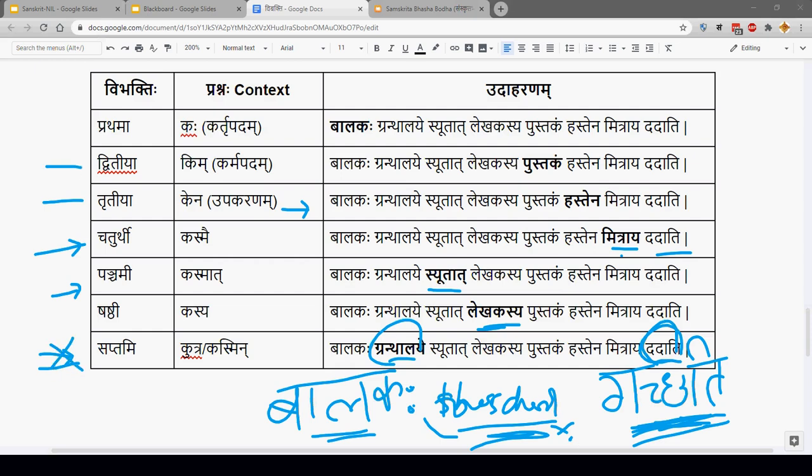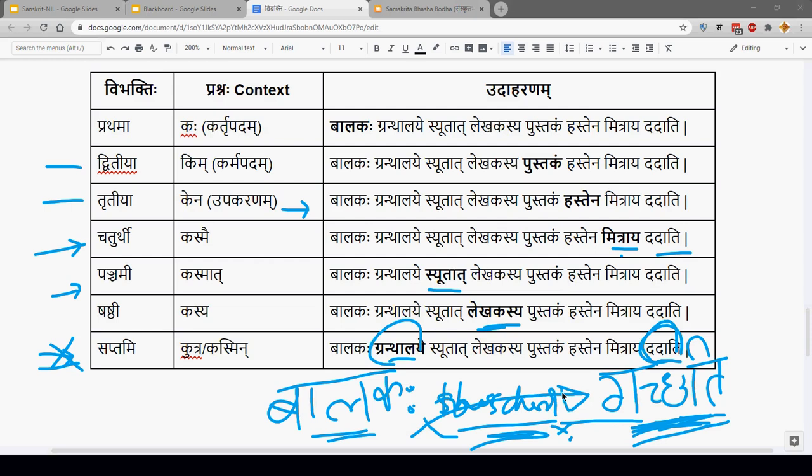The only one that remains is the second case here. And the second case can be applied and should be applied, because it is kind of the object on which the action is being performed, not directly, but it is a part of that action, to school.